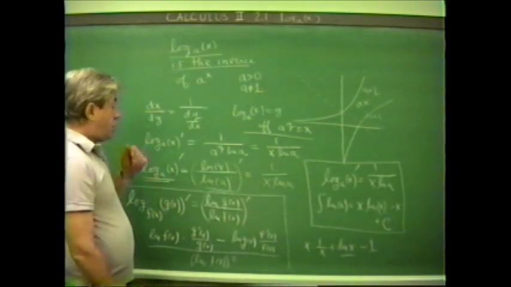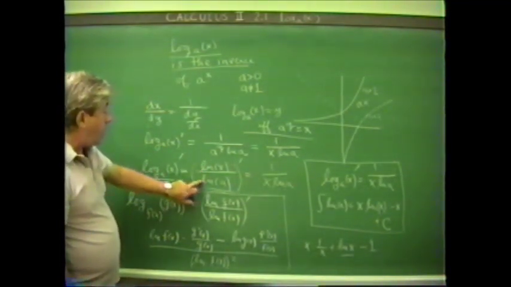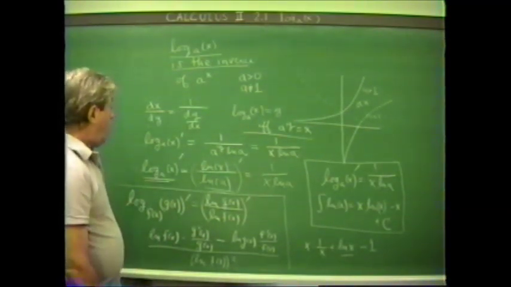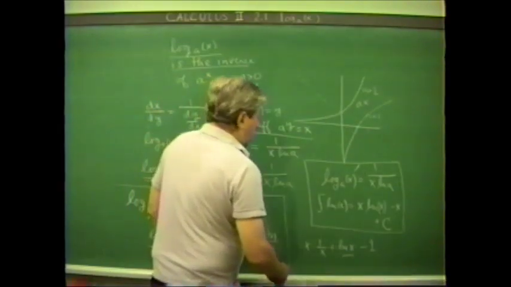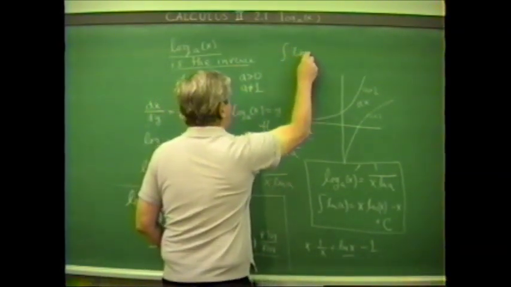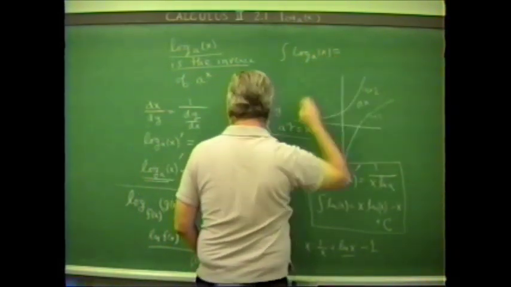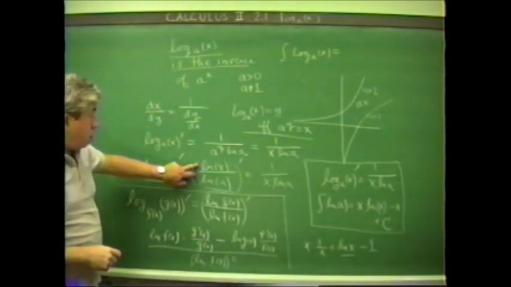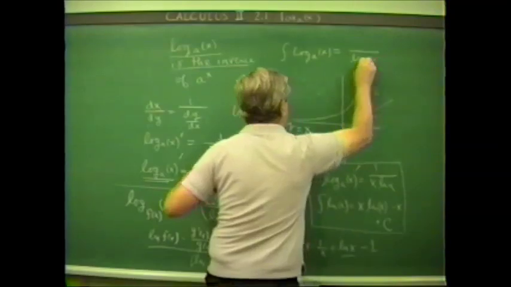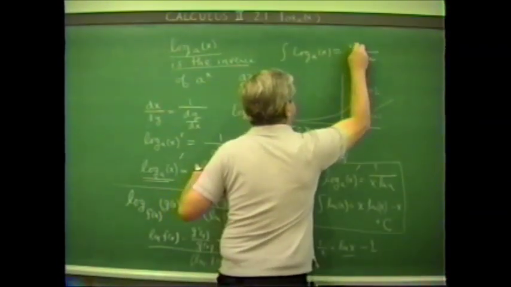And one can then, of course, get the antiderivative of log to base a of x by writing it as log x over log a, and log a, of course, is a constant. So the antiderivative of log to base a of x is going to be 1 over log a times the antiderivative of log x, which is x log x minus x.